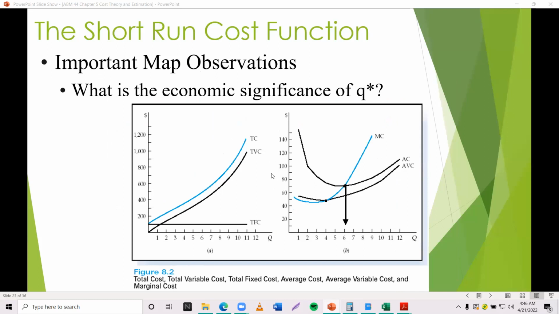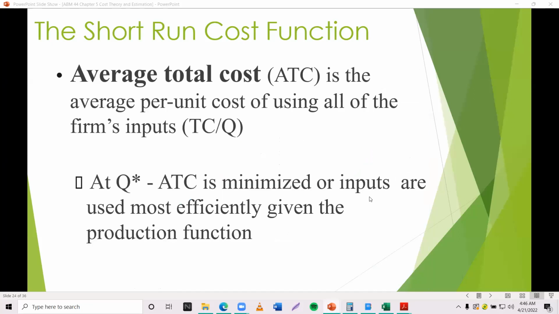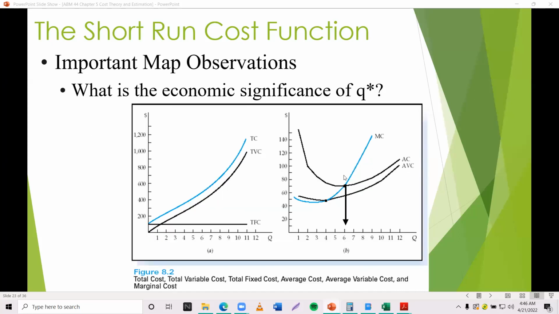So, what is the economic significance of Q? We have quantity here, so that would be the minimum point. What do you think its economic significance is? Its economic significance is that this is the point where the costs meet. We have economic opportunity cost and out of pocket cost.